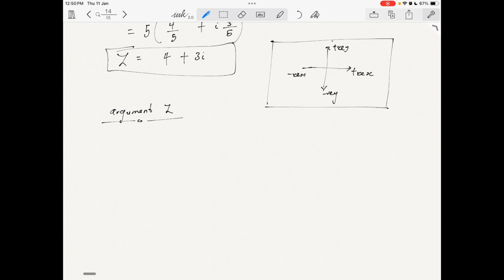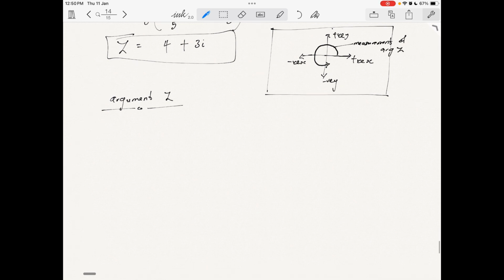Now the angle, argument z, is measured from the positive x in the anti-clockwise direction. So we can call this a measurement of argument z.